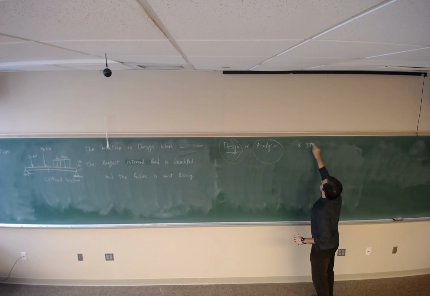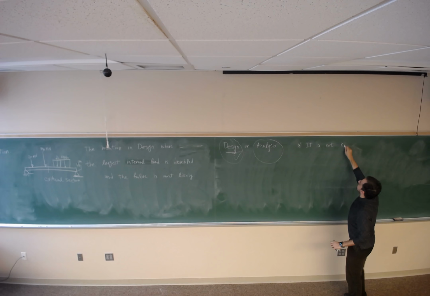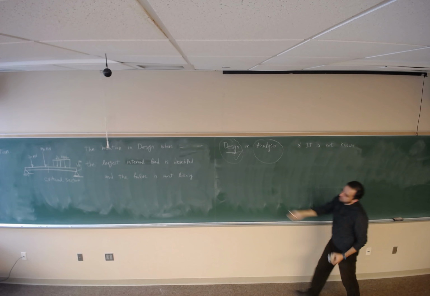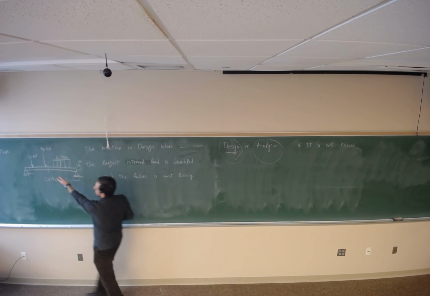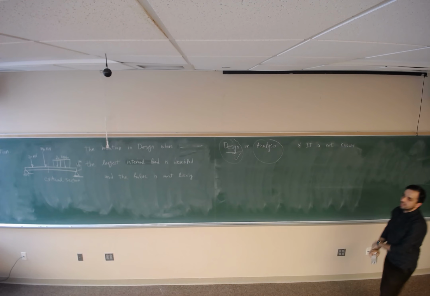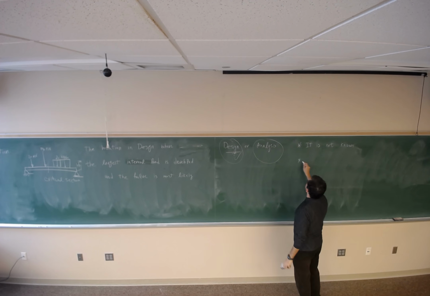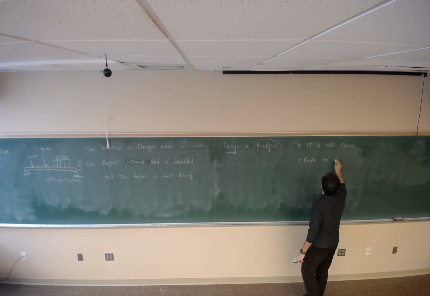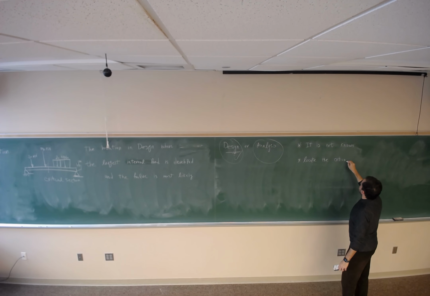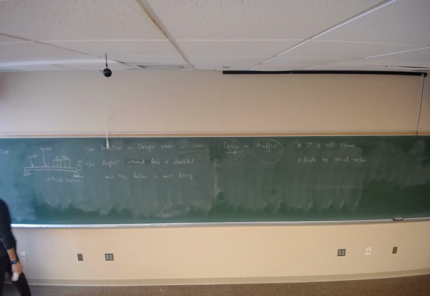So what do we know about the critical section? It's not known at the beginning. If I give you this beam, you don't know where the critical section is by just looking at this. So the first thing that you need to do is locate the critical section. You should find where it's going to be.